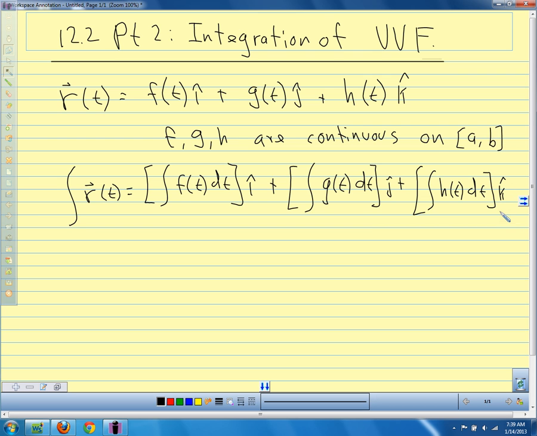So there's our indefinite integral, and if we want our definite integral, we're just going to put our limits in on our interval. Oops, and I forgot my dt here. There we go. So again, just component by component, we're just going to integrate each component on our interval.